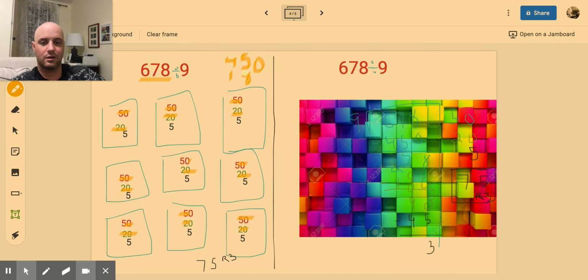Okay, let's see where I'm at so far. 0 and 0 is 0, 5 and 8, 13. So I'm at 638. If I subtract 630 from the 678, that'll tell me how much more I need to go. Okay, I need to go 48 more.